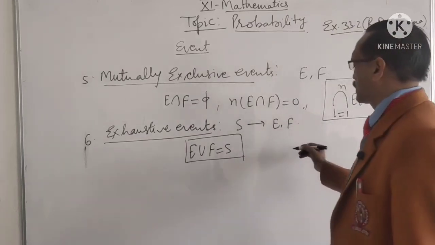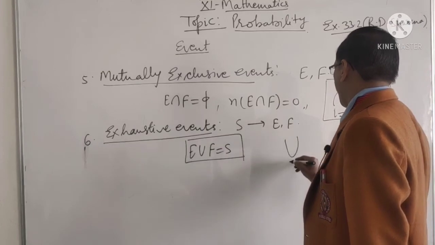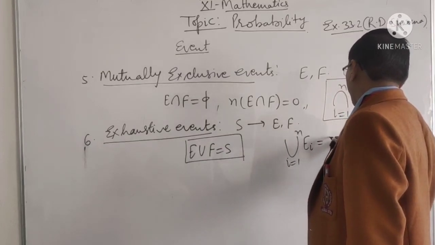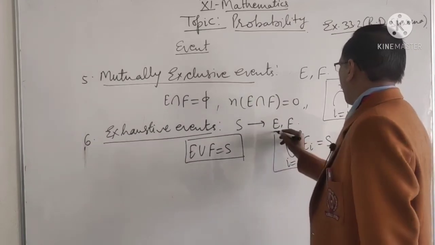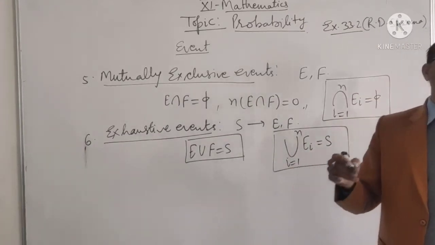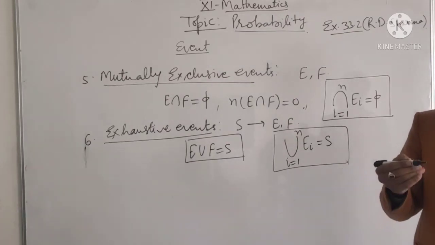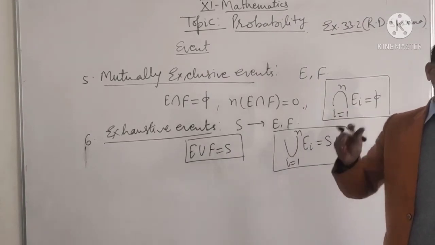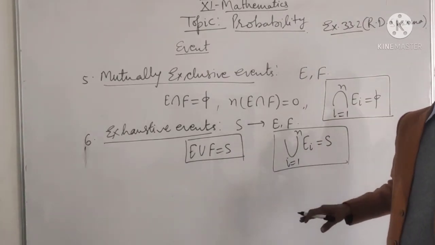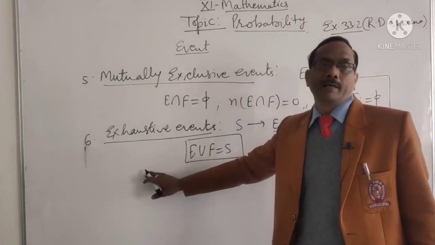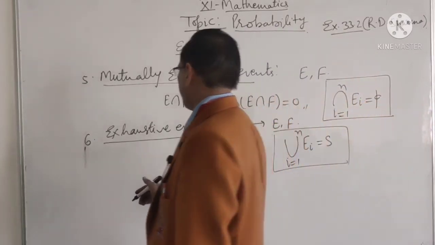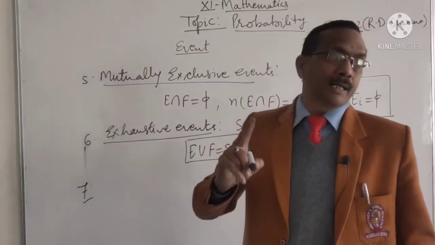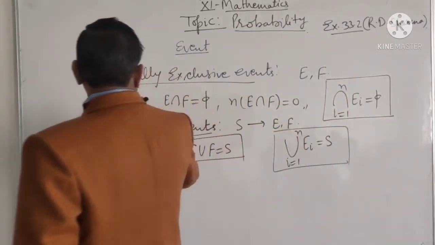Similarly, exhaustive event can be written as union i equal to 1 to n, Ei equal to S, where E1, E2, E3 are the n events of the sample space S. If their union makes the S, then events are said to be exhaustive events. Then these both can hold simultaneously.